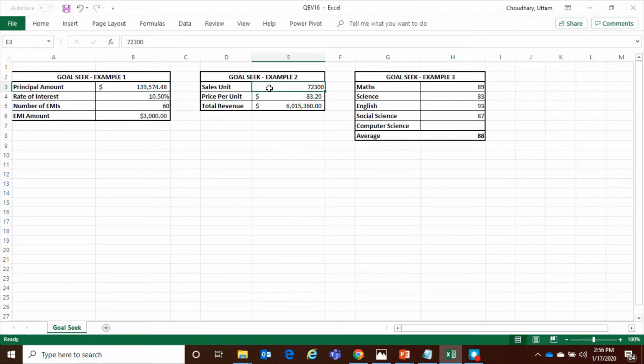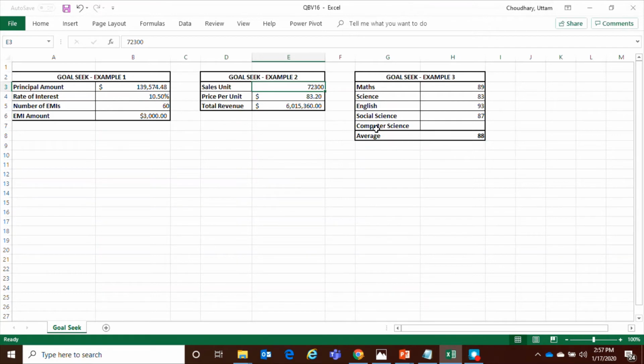Now this is the second example, in which, say, you are in the middle of a month and you, or your team, have sold a product, 72,300 units, and the price per unit is $83.20.